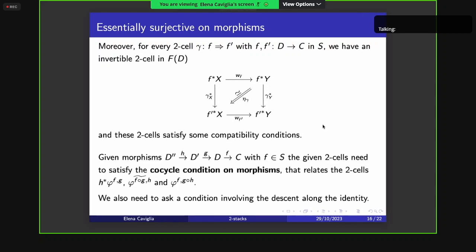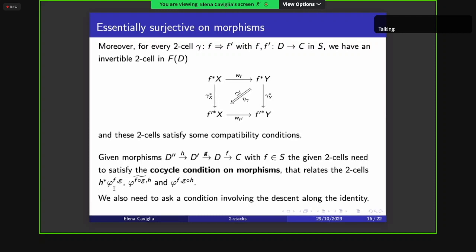And now we also need to have a cocycle condition on morphisms. And this cocycle condition is precisely given by the fact that the structure cells of the tri-transformation are pseudofunctorial. I'm not showing you the explicit condition, but it relates these two cells that are the same objects that we found in dimension 1.